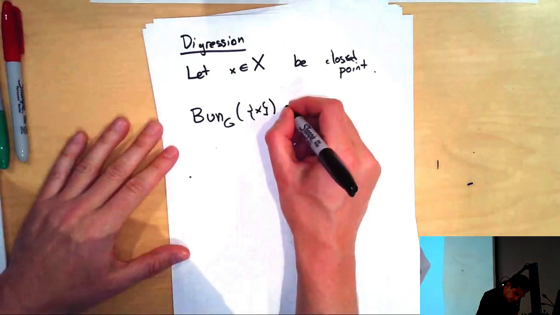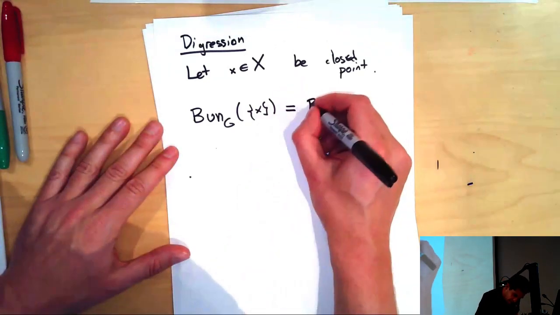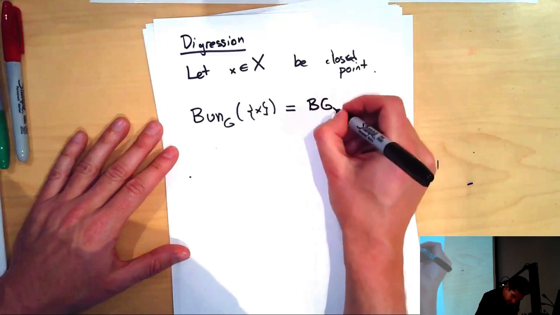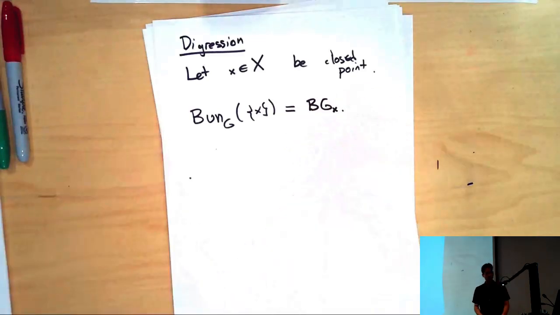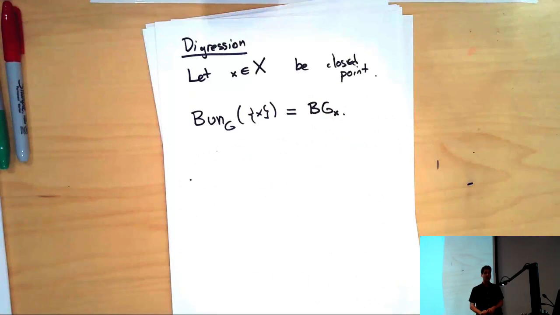So there's a moduli stack of these. Another name for this moduli stack is the classifying stack of the group that I get by taking the fiber at the point x.